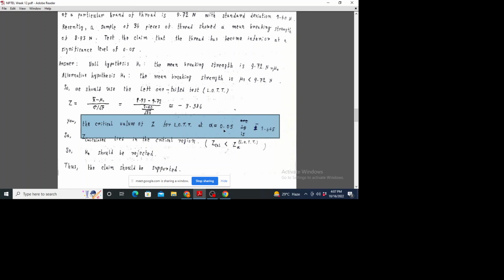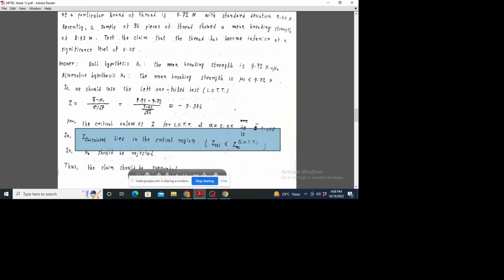So for this significance level 0.05, the critical value is minus 1.645, and we thus see that the z calculated lies in the critical region, because the z calculated is less than this critical value of the left one-tailed test.